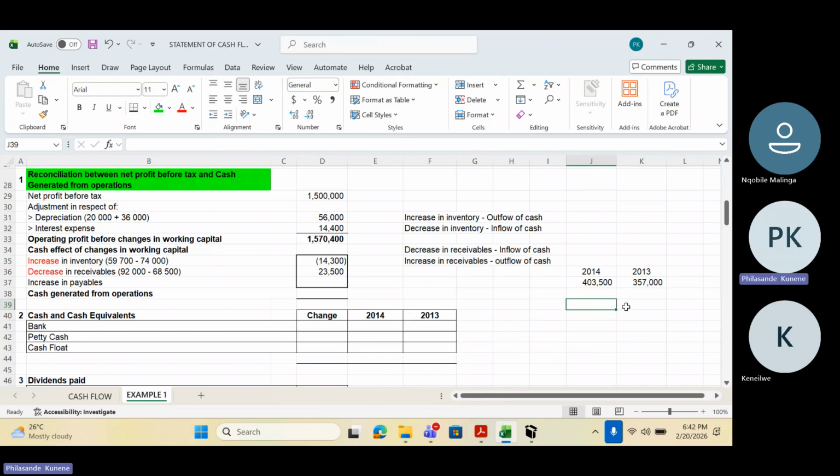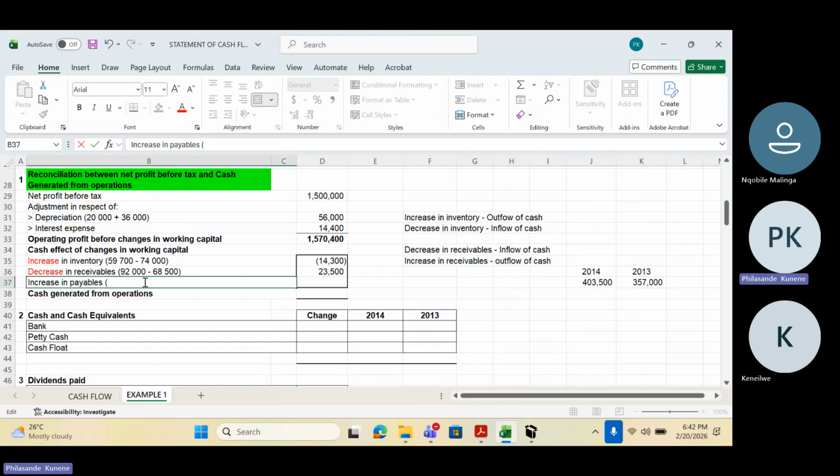We're paying less. No, that's not the correct reason. You are correct by saying it is an inflow, but your reasoning is not the right one.